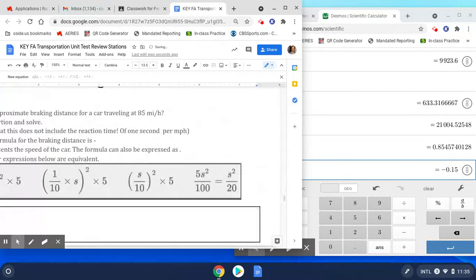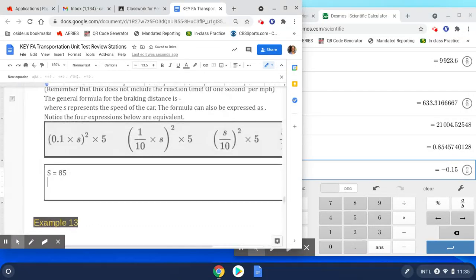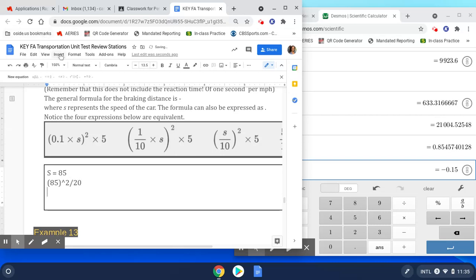So plugging in S to this equation, S squared over 20, I'm going to put 85 squared divided by 20. And it'll look better if we do the insert equation.